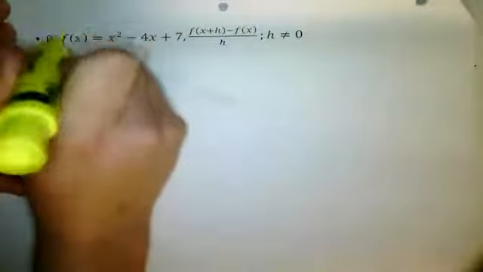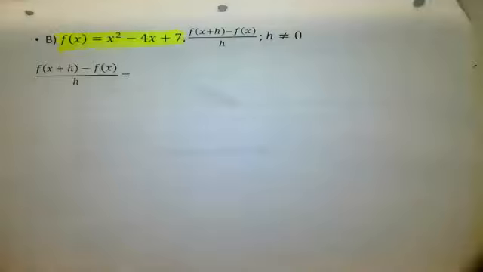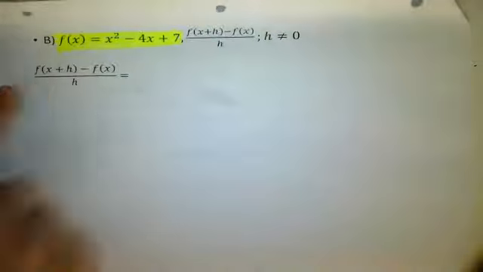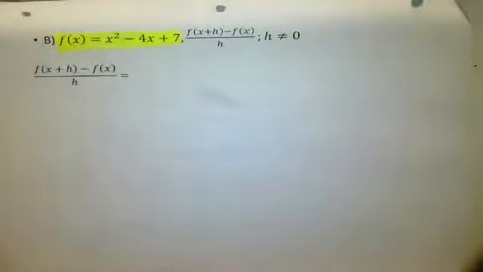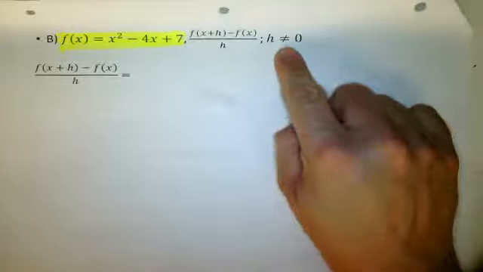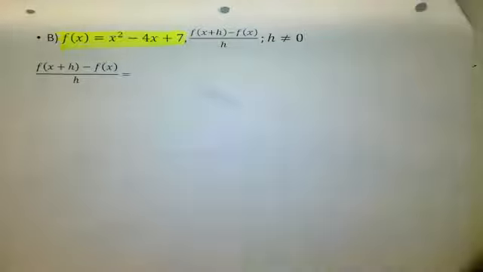All right, we've got f of x equals x squared minus 4x plus 7. Now this actually is the definition of a derivative. That's almost entirely the definition of a derivative. And again, what is this h cannot equal 0 here for? Yeah, we can't have a 0 in the denominator. So it's just extra information.